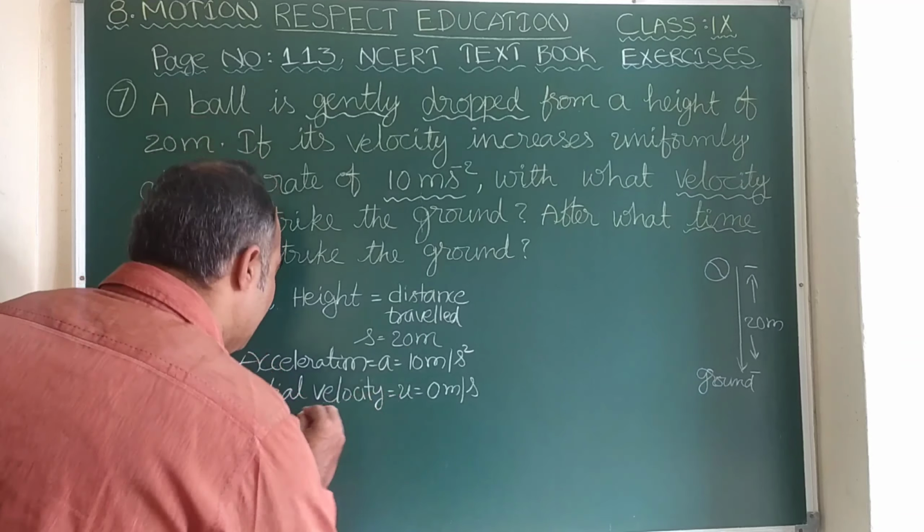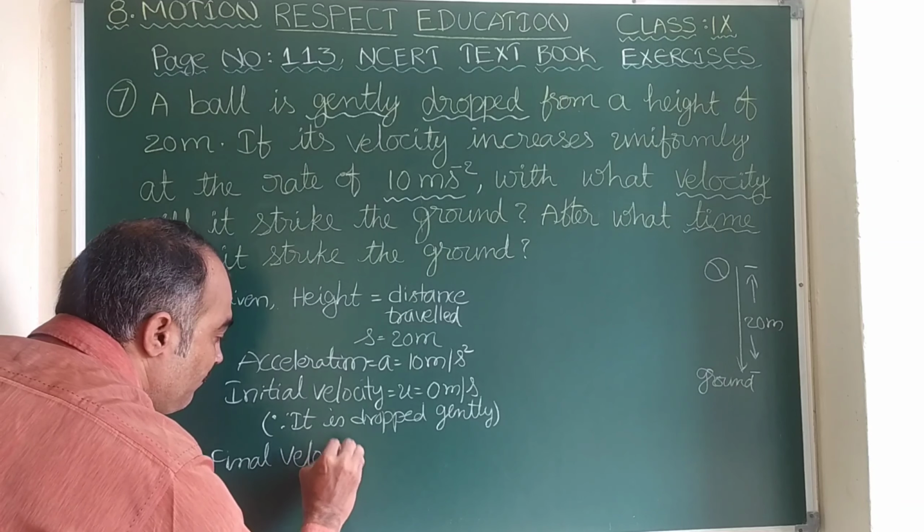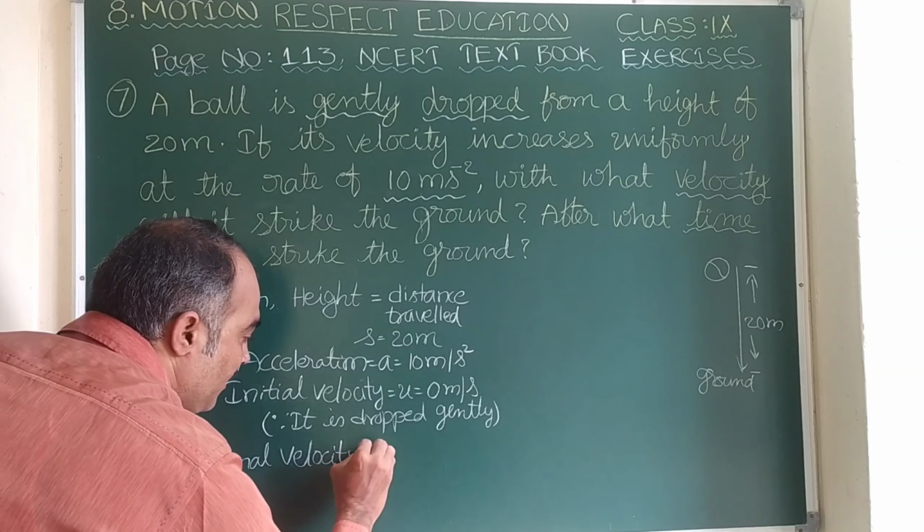Now we are asked to find the final velocity, that is nothing but v. Since the initial velocity is in meter per second, final velocity also will be in meter per second. Now we are going to find its value.